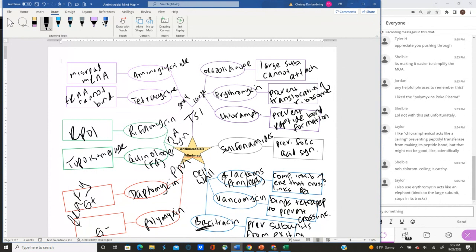Bacteria make their own folic acid. We do not. We get our folic acid from our diet. So this is a great drug for us to take because we don't have the pathway that's being targeted. Remember, it's that whole idea of selective toxicity.